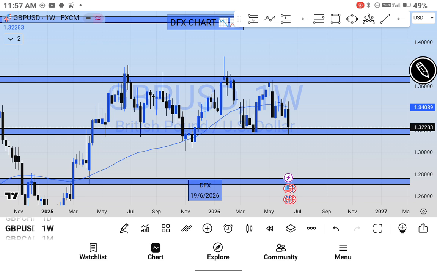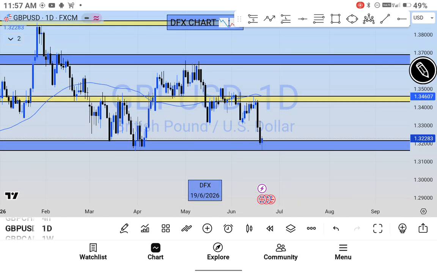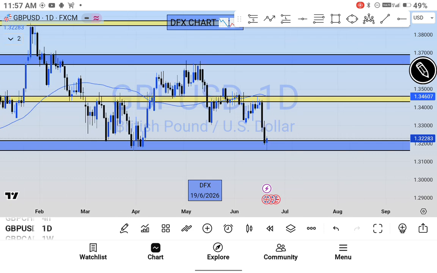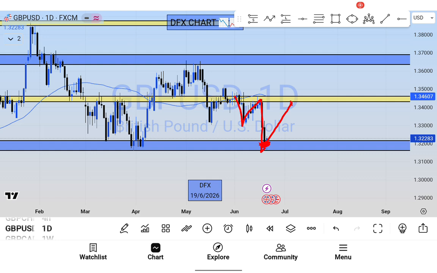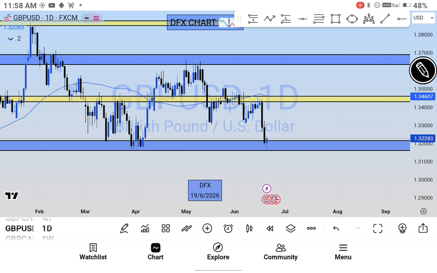So now let's scroll down to the daily time frame for more explanation. Having this right now, I have two biases here. The first bias is we have a break, retest, and came back to support, right? Either we have a retracement back to this point, then we look for sells from here back to here before we start looking for buys to the overall weekly resistance, or we have something like this.